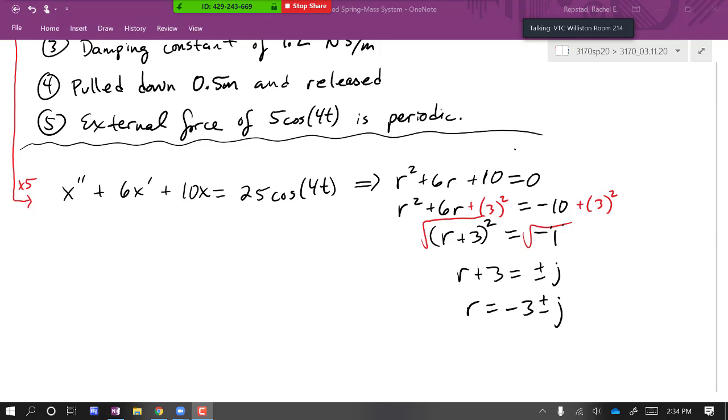All right, so we still have these complex solutions. What does that mean? Is this overdamped, critically damped, or underdamped? Underdamped, yeah. And what's our homogeneous solution?